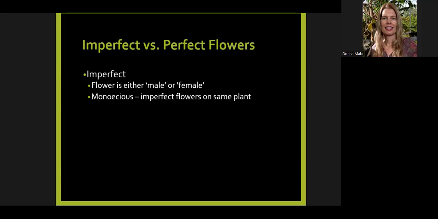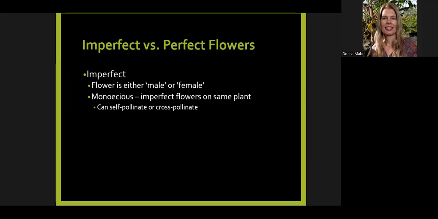So monoecious means that plant is carrying both male and female flowers on that individual plant. Now, because of that, they could self-pollinate, but usually there are design mechanisms where that's prevented. And they tend to end up cross-pollinating.